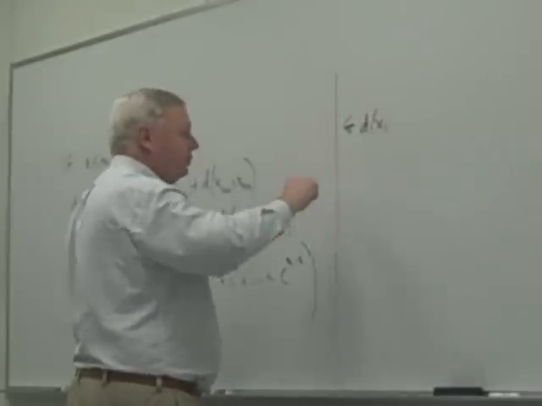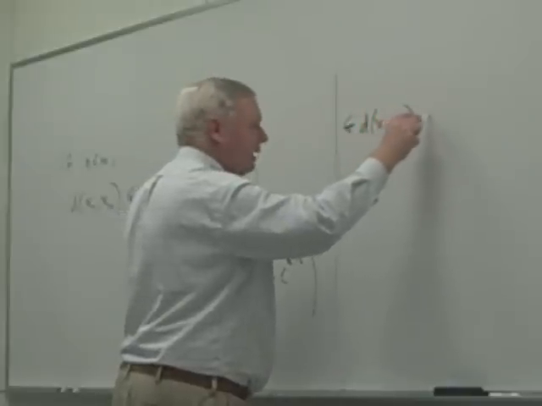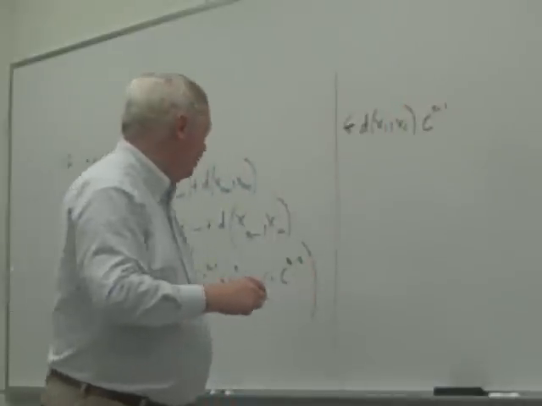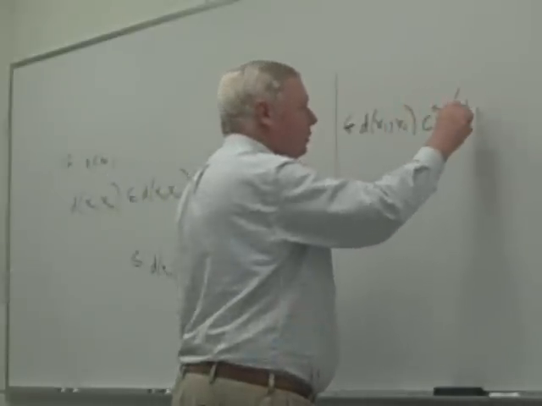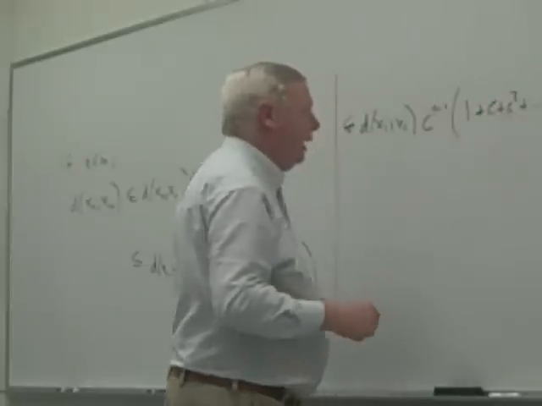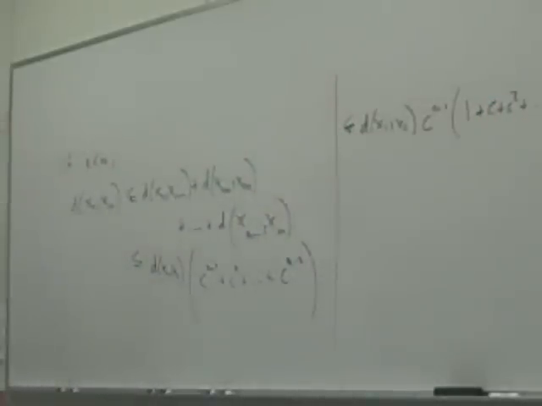That's less than or equal to the distance from x1 to x2 multiplied by c to the n minus 1, and now it only makes it larger if I let the series continue indefinitely.